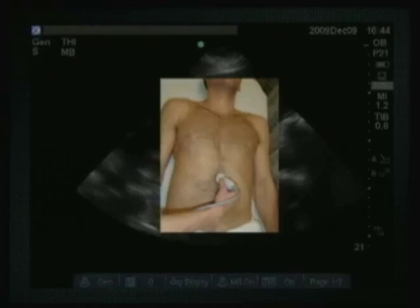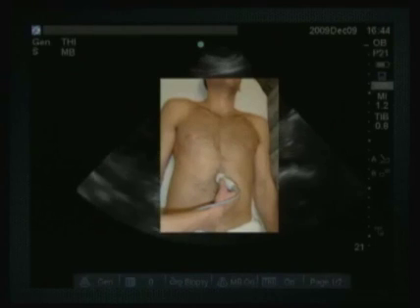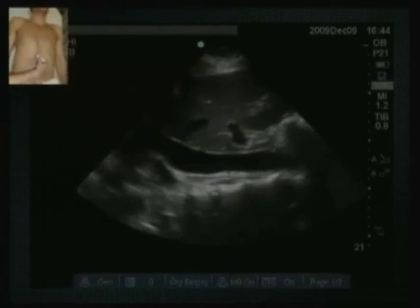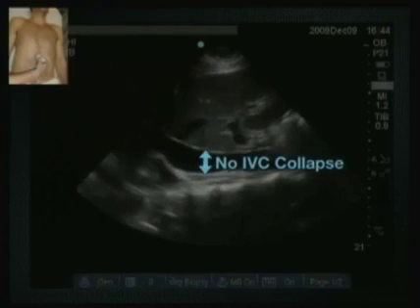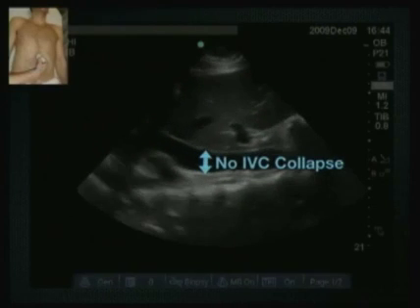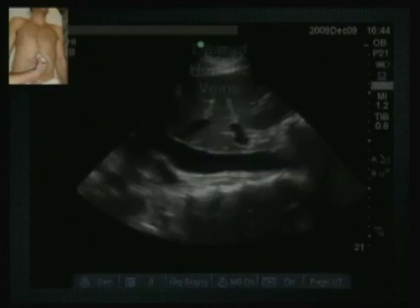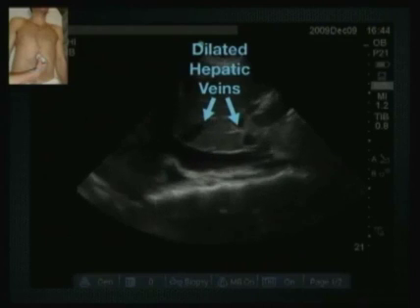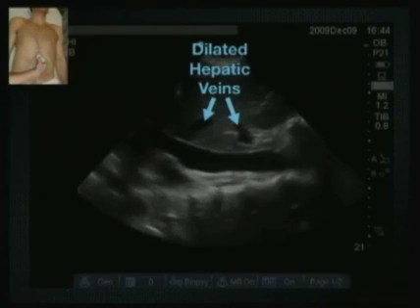You place the probe in the midline with the pointer pointed towards the patient's head, and just scan to the right of midline to see the longitudinal view that's demonstrated here. And here we see that there's no IVC collapse, or that the IVC is plethoric, and we also see dilated hepatic veins. So this tells us that the patient's central venous pressure is very high, consistent with cardiac tamponade.